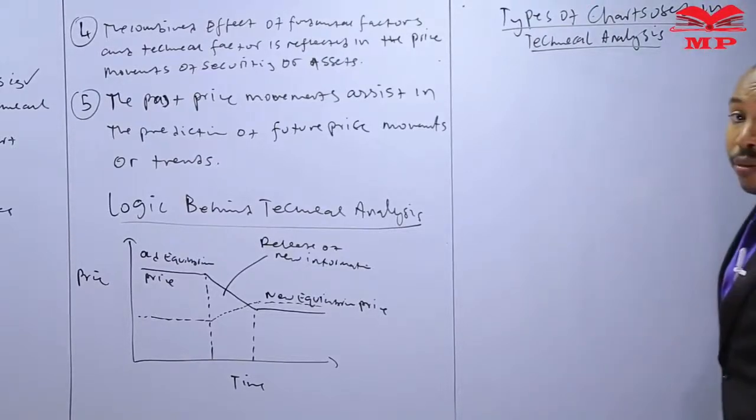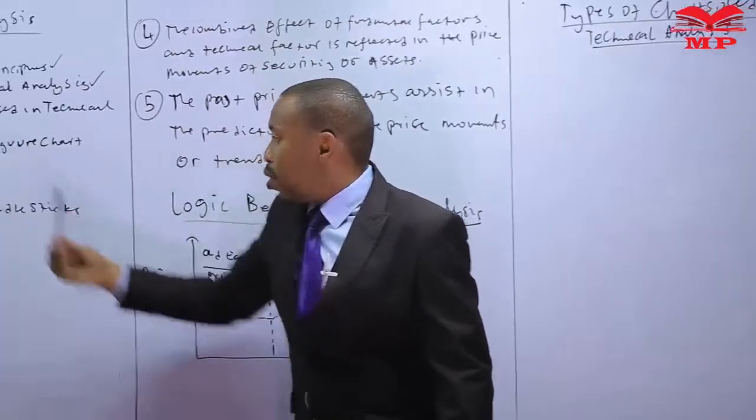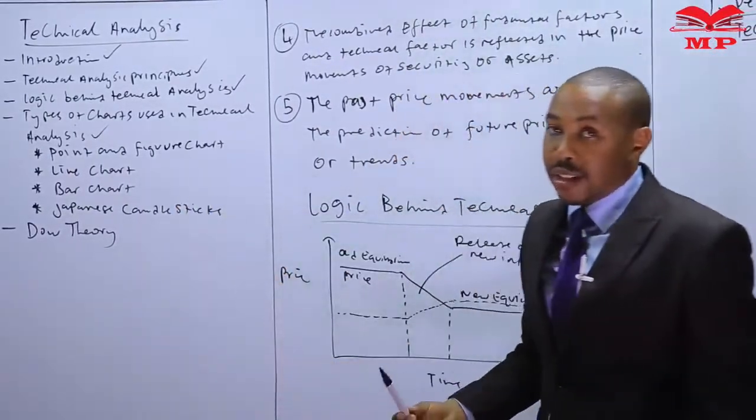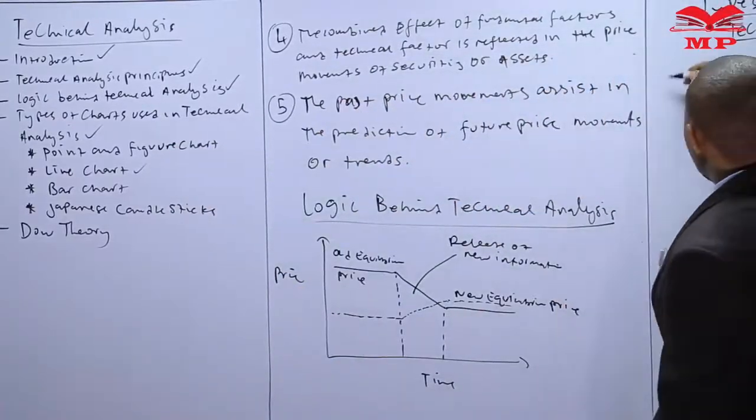Now the first type of chart that we are going to look at is the point and figure chart, or rather let me start first of all by looking at the line chart. Yes, let me just start right here. I'll explain all of them anyway. So the line chart.